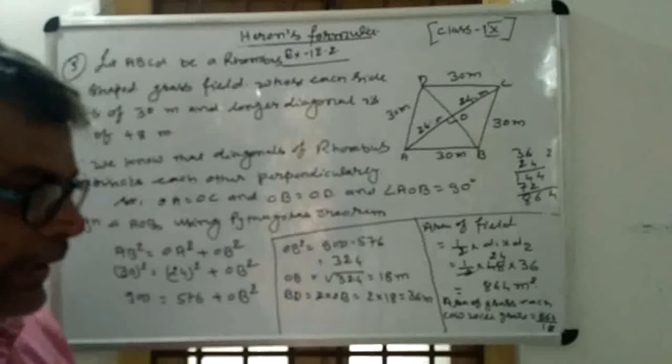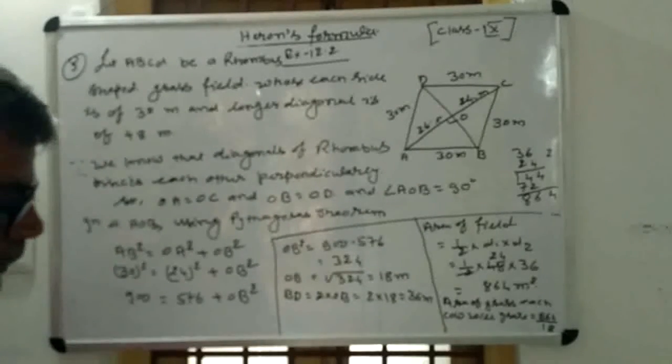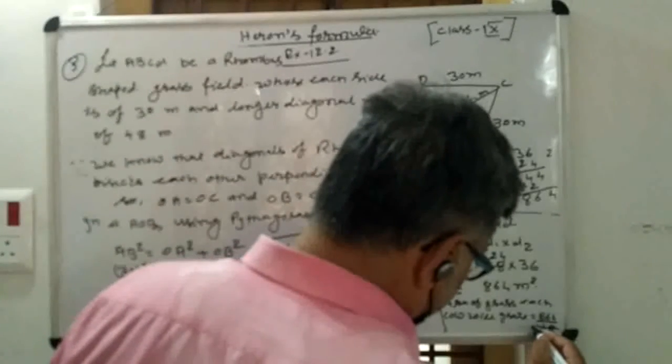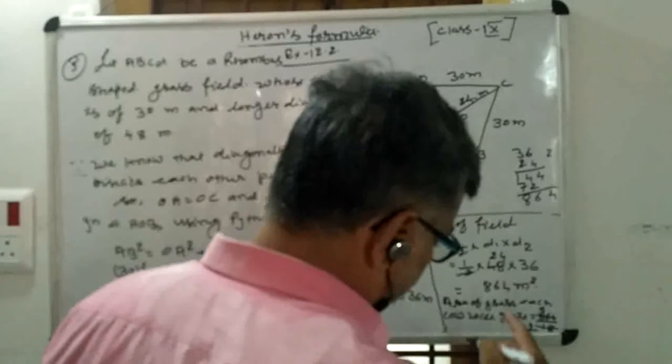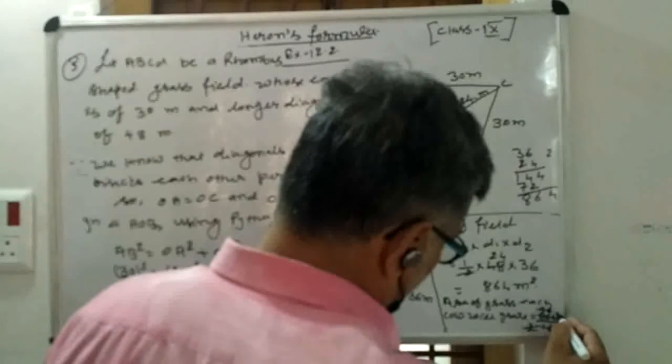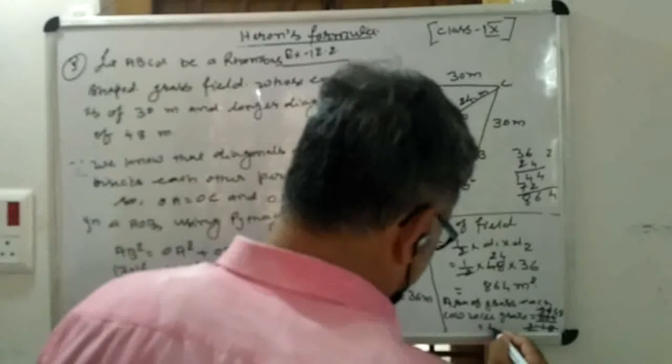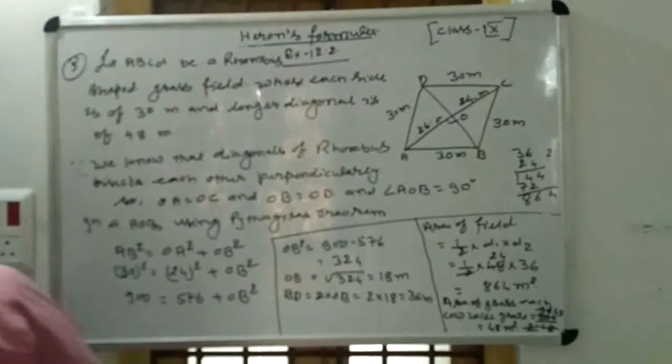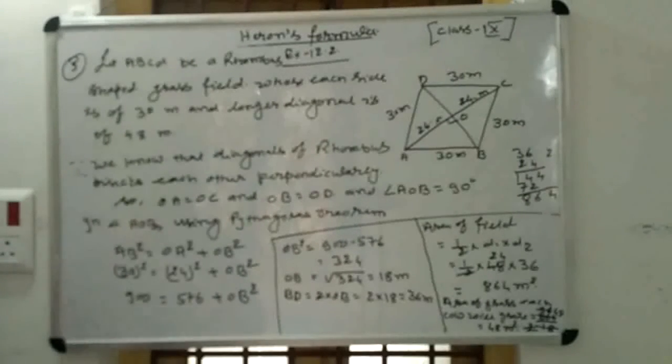On dividing, we get 48 meter square. Question number 5, exercise 12.2: yes, 48 meter square is the correct answer for this question.